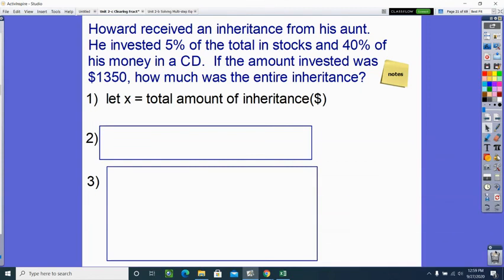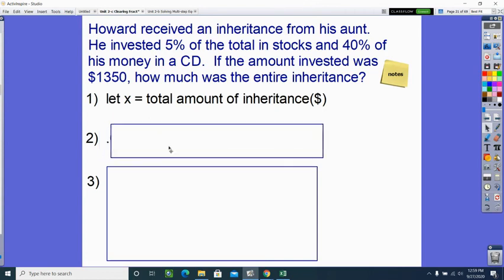What I'd like you to do right now is pause the video and write the equation for the X and the information in the problem. When you're set to check, come on back. Okay, so now I know that I'm going to put this money in and 5% of this money in something and 40% of this money in. So there's 3 things I'm doing that will add to the total.